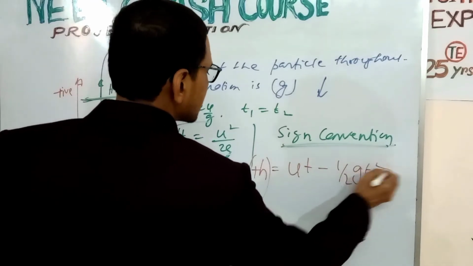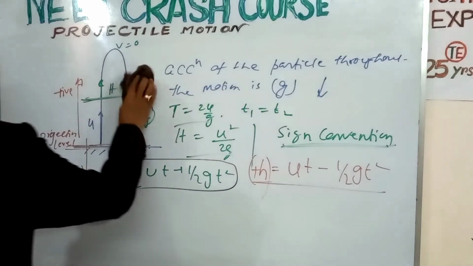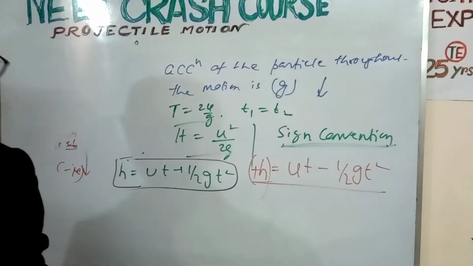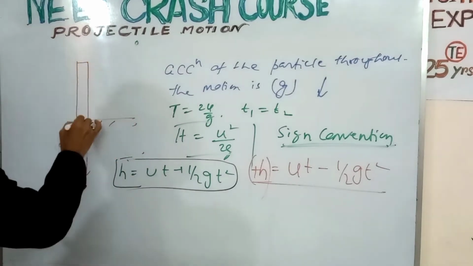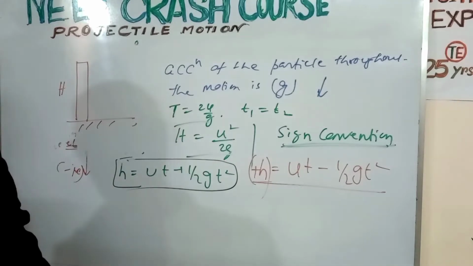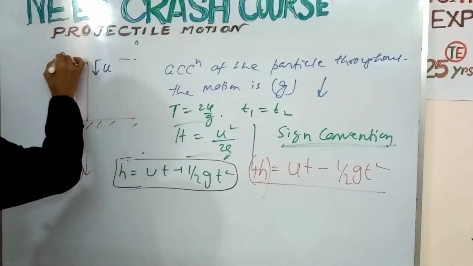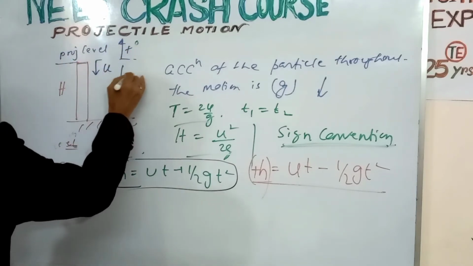So the equation is this. Now suppose a body is projected downward from a tower: this is the ground, and the body is projected from the top of the tower in this direction. This is the projection level, so upward is positive and downward is negative.